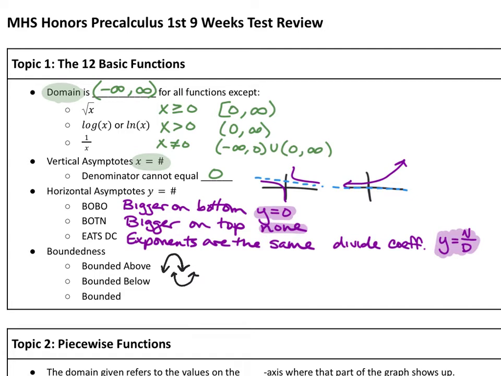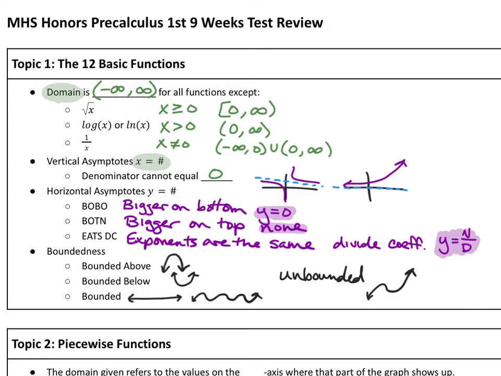A graph bounded above and below means there is a highest and lowest point, like your constant function or your sine curves. And last but not least, you have an unbounded graph as well. Your cubic function is an example of an unbounded graph because there's no highest or lowest value for that function. Your end behavior is different.